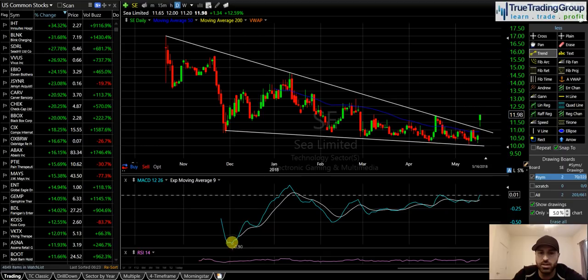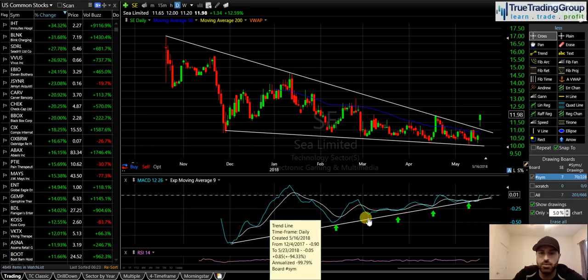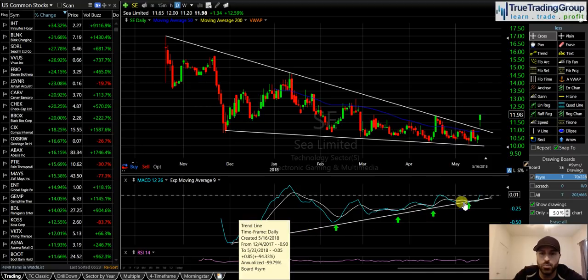And the first thing that you notice is tremendous bullish divergence on the MACD indicator. Okay, ever since the end of September, the end of November, the MACD indicator has been rising in value. Okay, it's in a nice uptrend. But meanwhile, the share price continued to go down in SE.